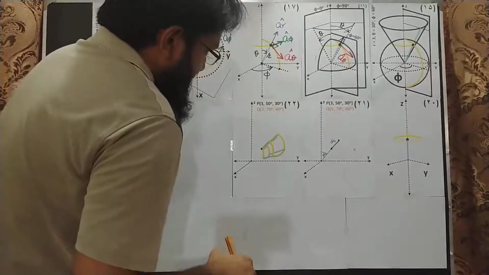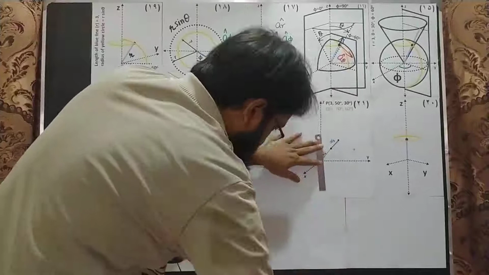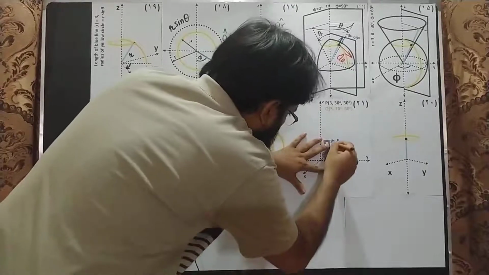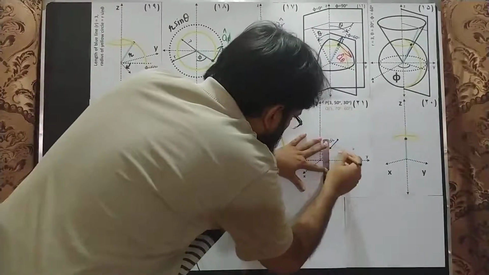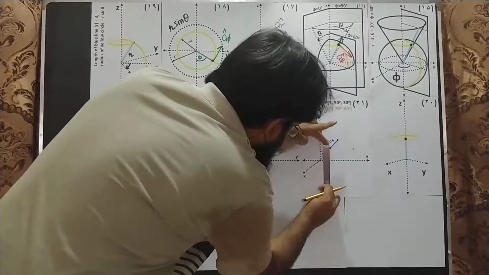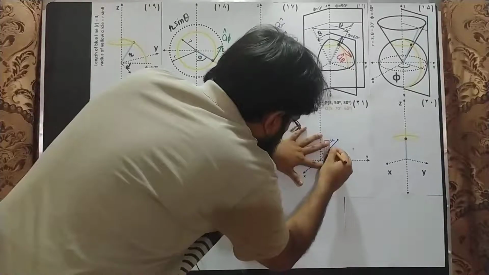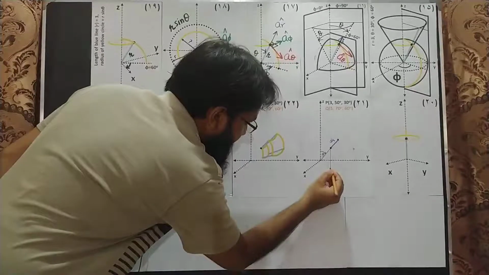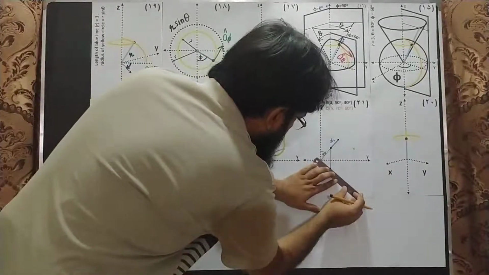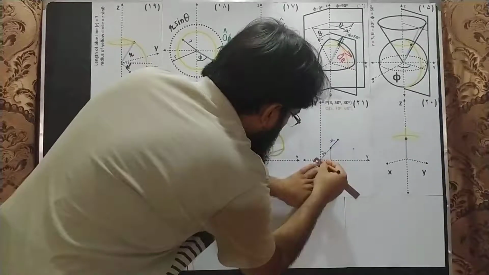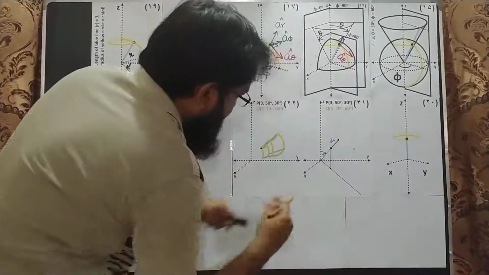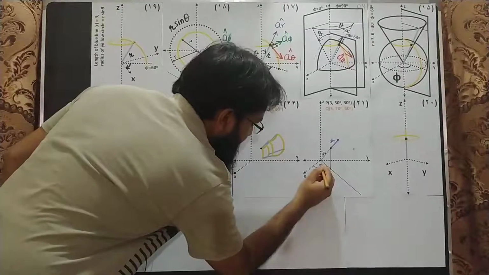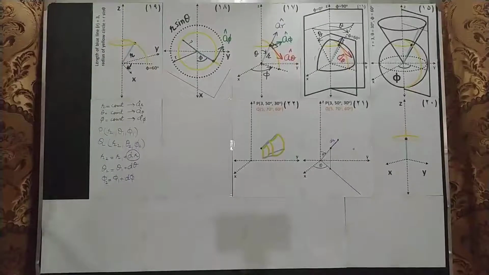Now if I had dropped a perpendicular from this initial point onto the xy plane, it would strike the xy plane at a point, and if I joined that point to the origin by a straight line, that line would make an angle phi 1 with respect to the x-axis. This is all you know.